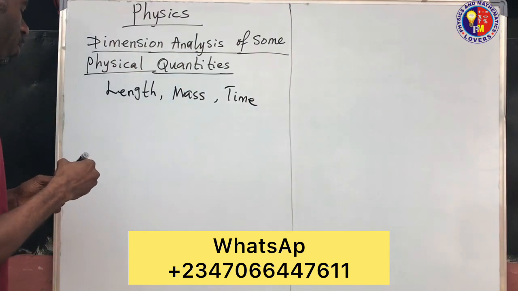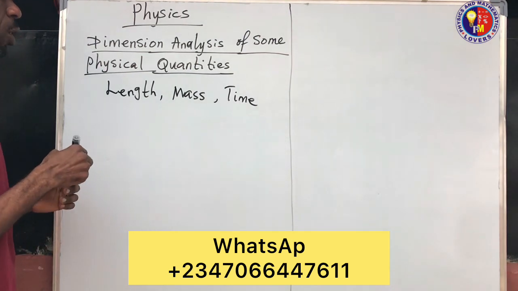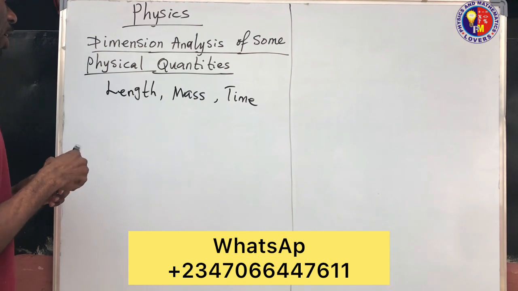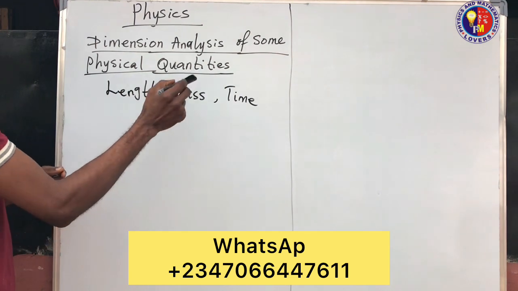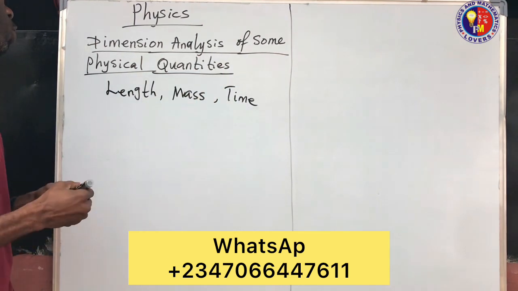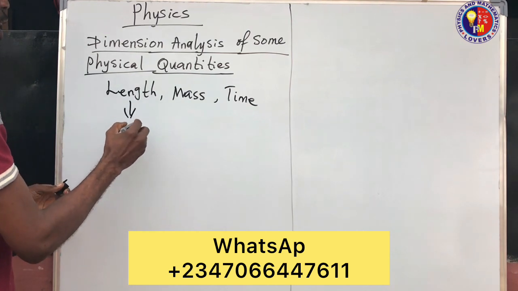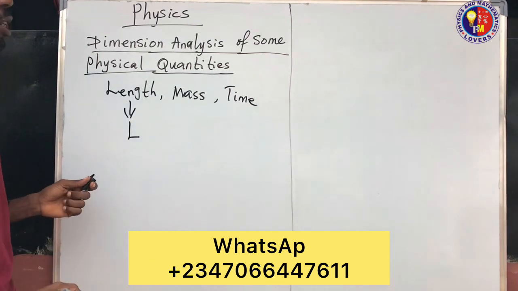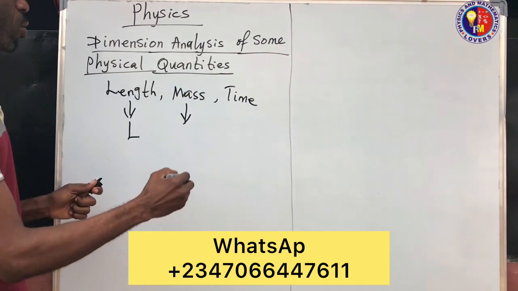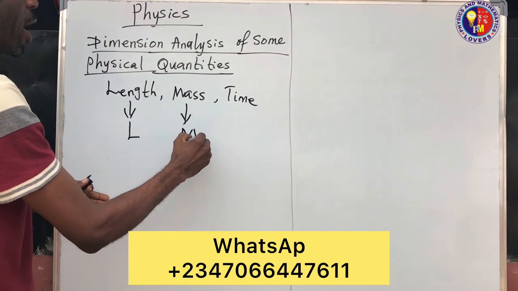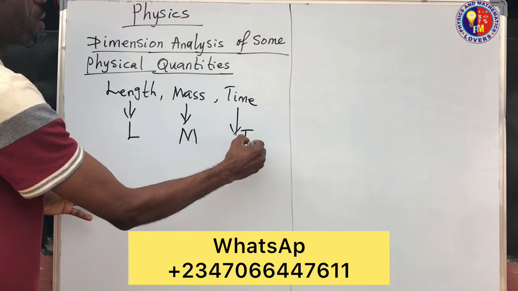So in physics, dimension describes the way all these physical quantities, more or less derived quantities, are related to length, mass, and time. The dimension of length is denoted as capital letter L, the dimension of mass is denoted by capital letter M, and that of time is denoted by capital letter T.